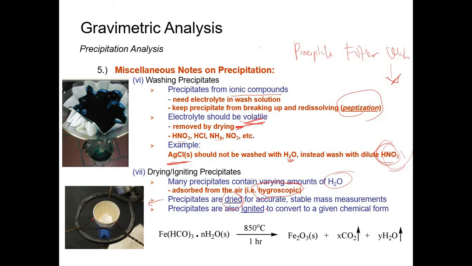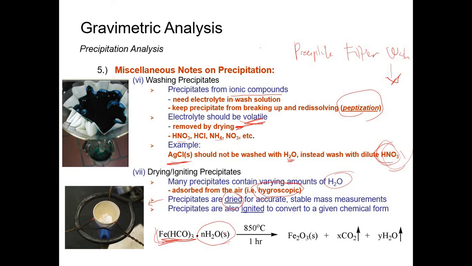And then precipitates are also ignited to convert to a given chemical form. So, for example, this one. Kini nga compound, this iron, FeHCO3. This compound is hygroscopic, so it has water molecules attached, water molecules nga adsorbed.